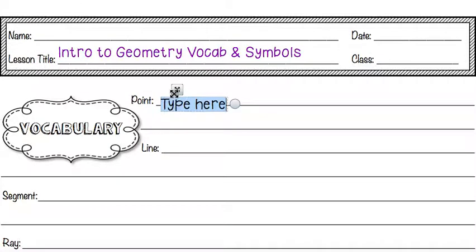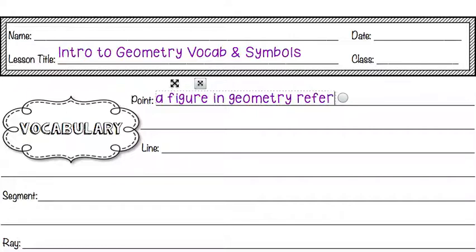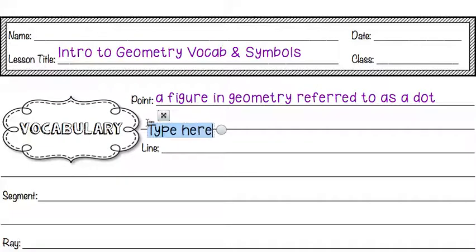Okay. So let's start with, what is the definition of a point? A point is a figure in geometry referred to as a dot with no size. And I could give you an example of this.